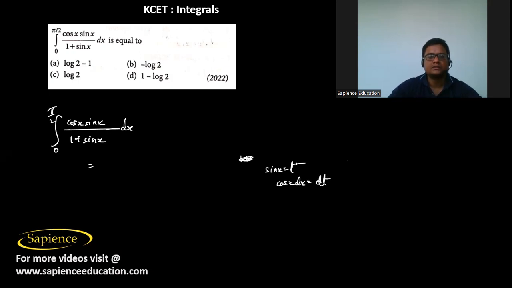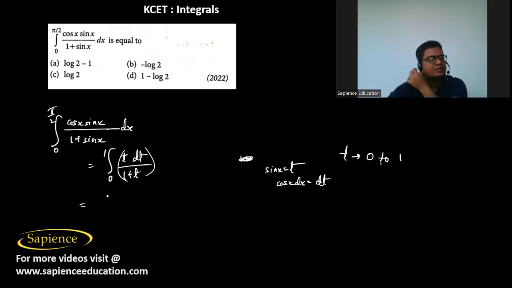And sin x is going from 0 to pi by 2, so t will go from sin 0, which is 0, to sin pi by 2, which is 1. So this I can write as integral 0 to 1 t dt by 1 plus t.